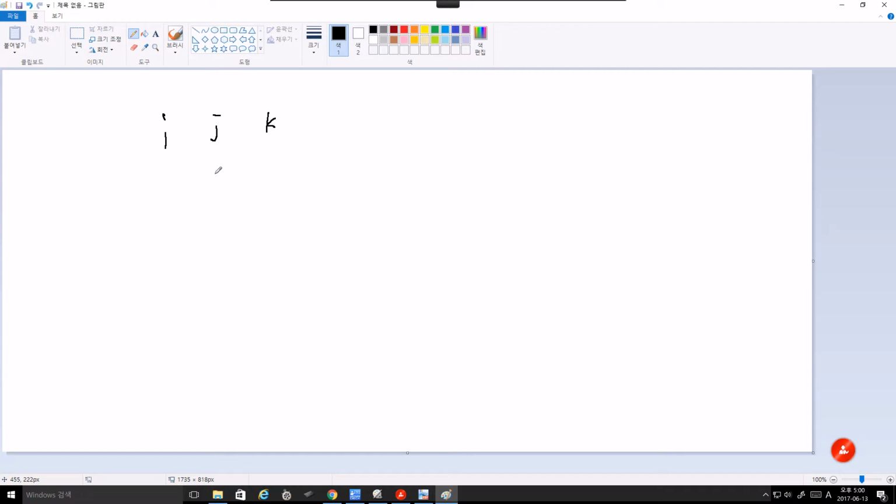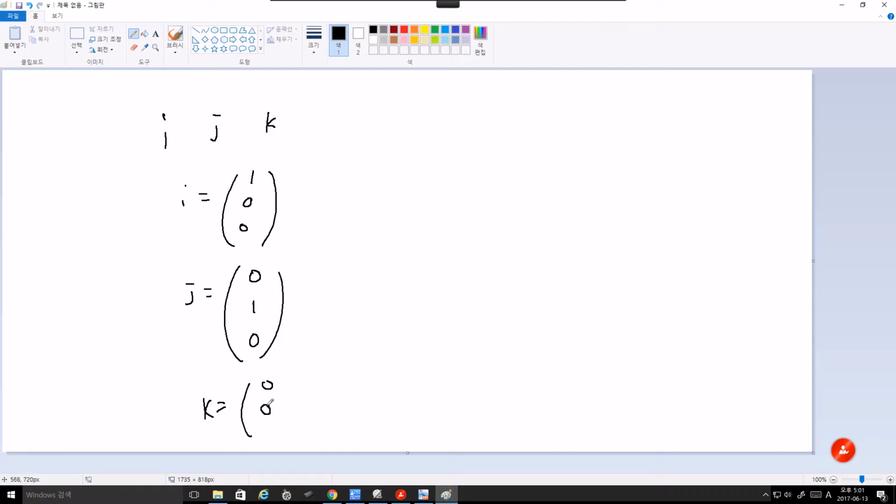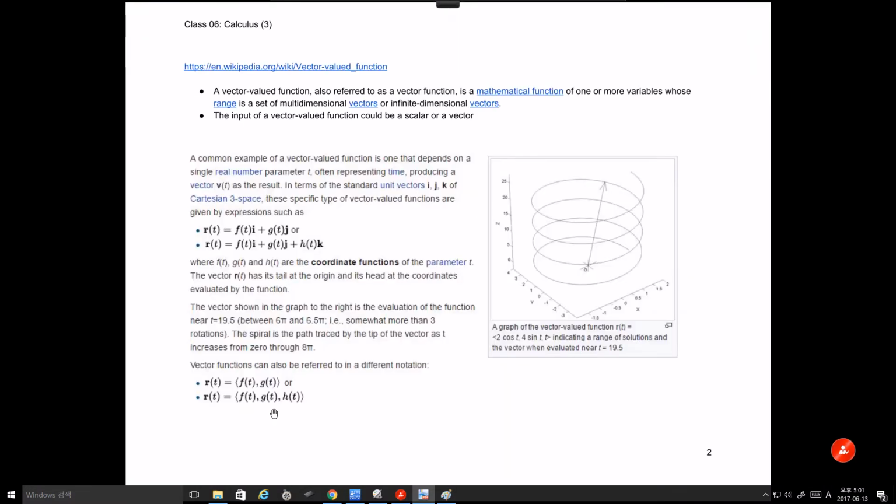Here i is basically (1, 0, 0), j is basically (0, 1, 0), and k is basically (0, 0, 1). Alright? Okay. So r(t) is f(t)i + g(t)j, or r(t) is f(t)i + g(t)j + h(t)k.